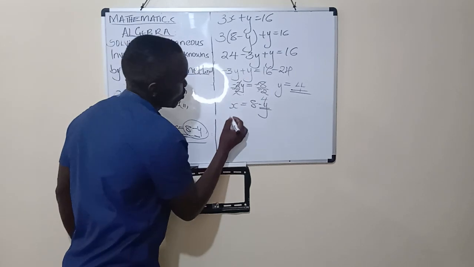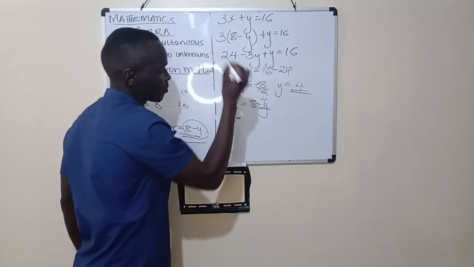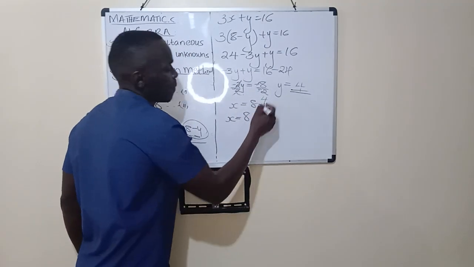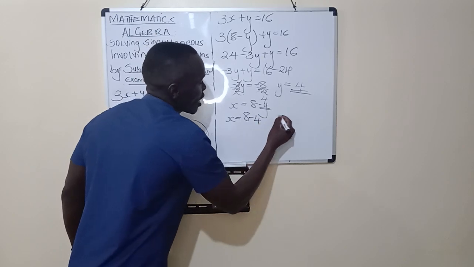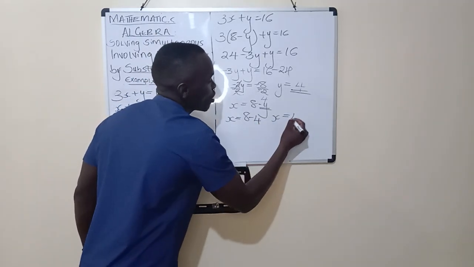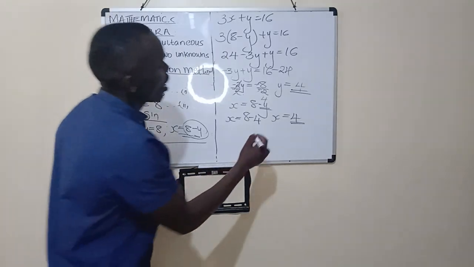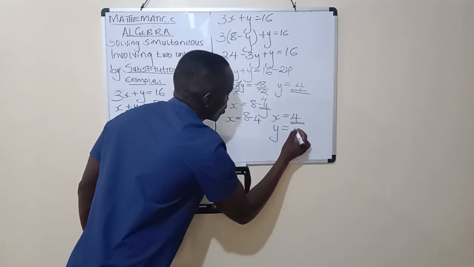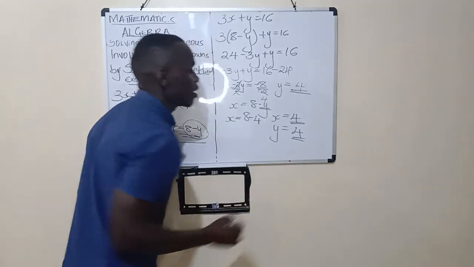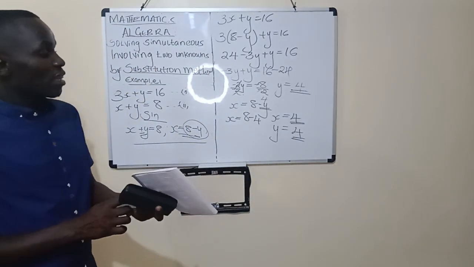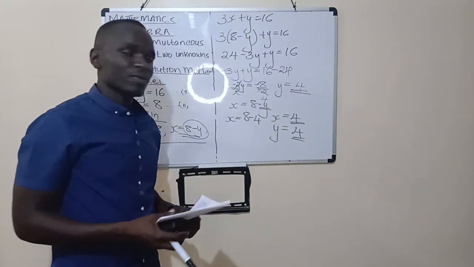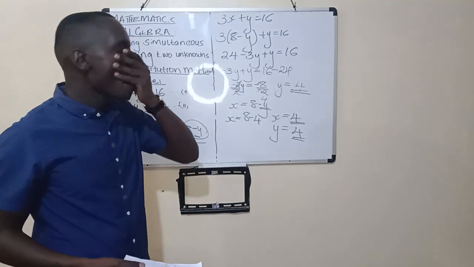So in this case, we're going to have x as 8 minus 4, where x is going to be equals to 4. X is equals to 4, and y is also equals to 4 as well. Now, the values of x and y are 4, 4.